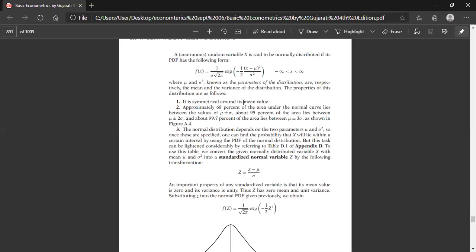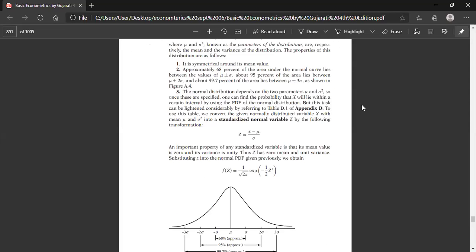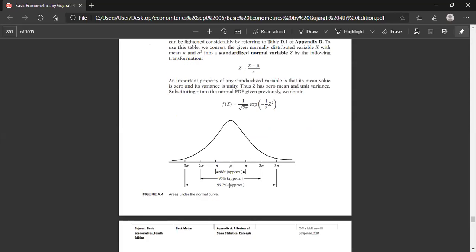It's symmetric around its mean value. Here is the symmetry. You can see it's called bell shaped. Anything else you have to compare with this. If you believe it or not, this is the graph of that ugly density function, and you see the mean is exactly in the middle of the two tails.